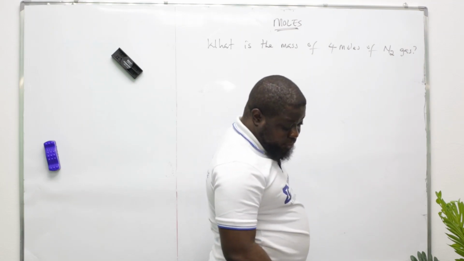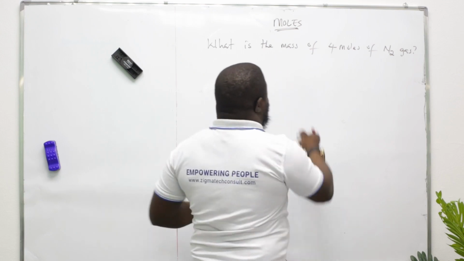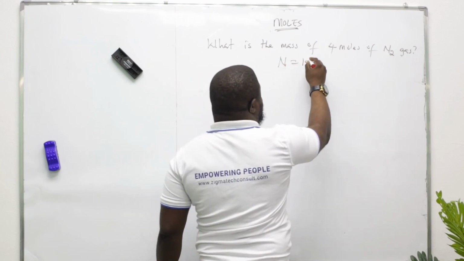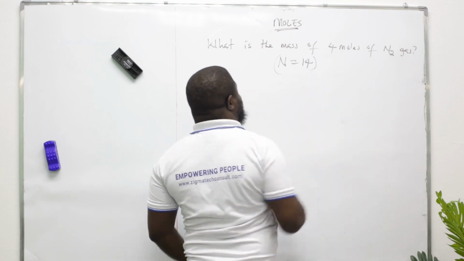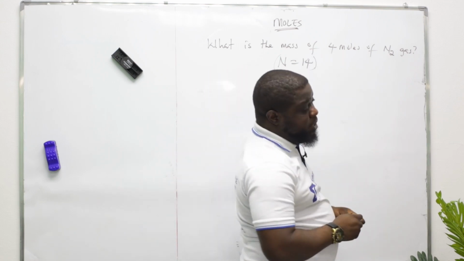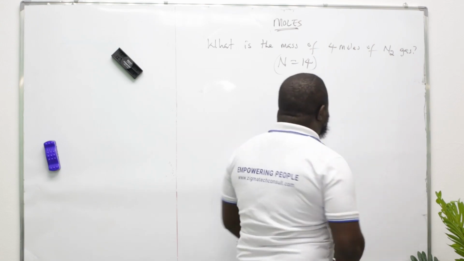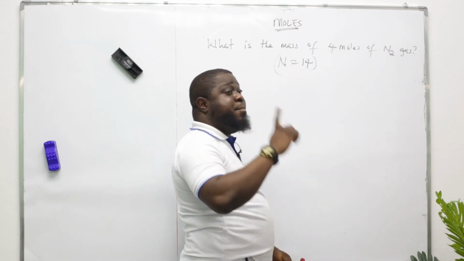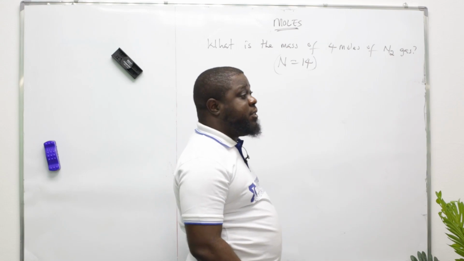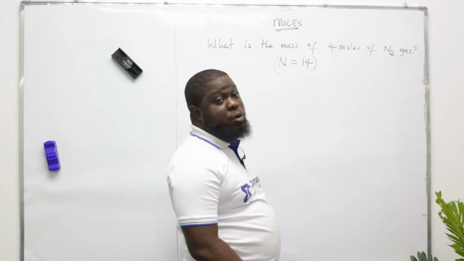Remember, they said 4 moles of nitrogen gas, and they said N is 14. In essence, the mass number of nitrogen is 14. First of all, you calculate the mass of 1 mole before you can calculate the mass of 4 moles.